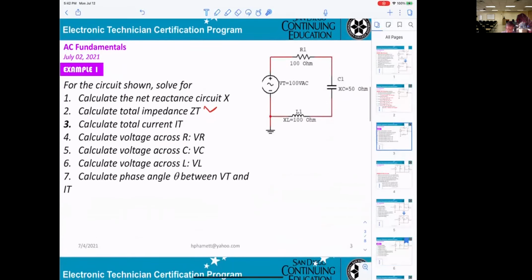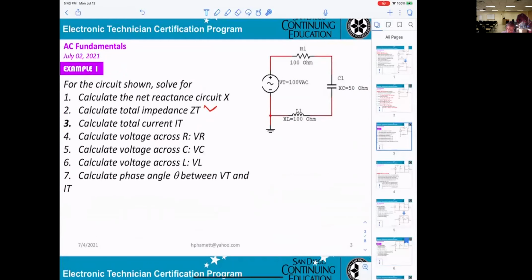Okay. VR is IT times R, VC is IT times XC, VL is IT times XL.